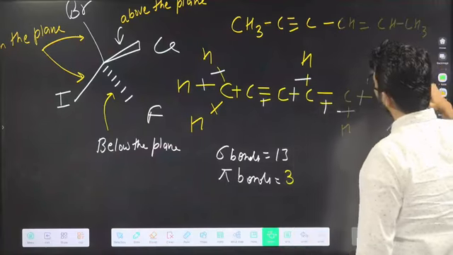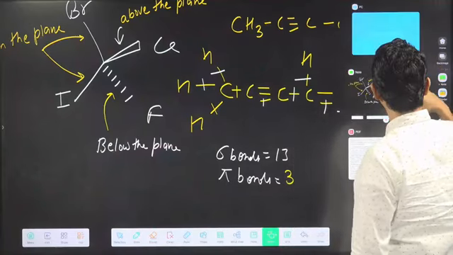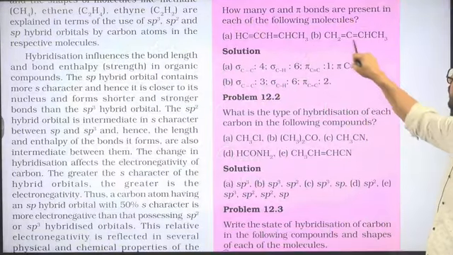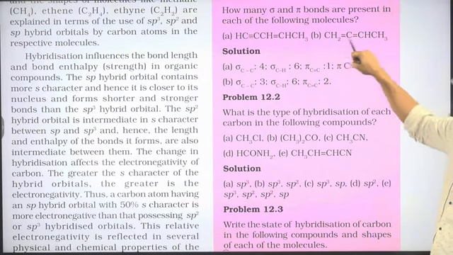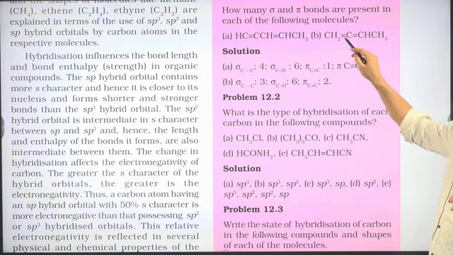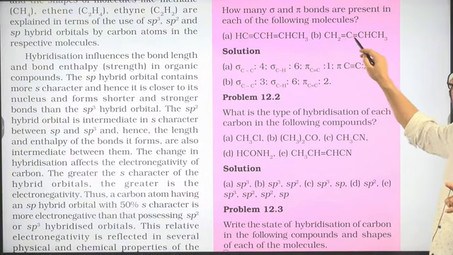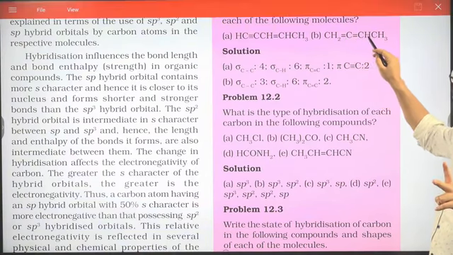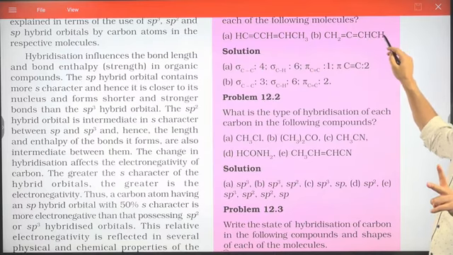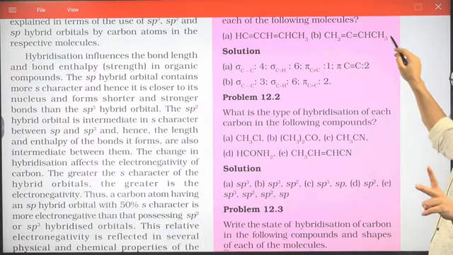Similarly, another example you might find directly, that is B. In this case, CH2, 2 sigma. Then here 3 sigma, 4 sigma, 5, 6 plus 3, 9. 9 sigma present.